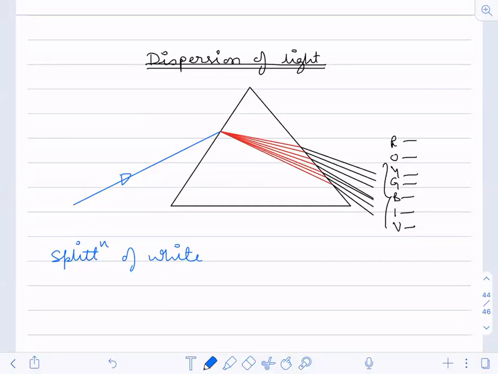It will retain its color after passing through the prism, because the frequency of the light is not changing, and the color we perceive is due to the frequency of the light. So splitting of white light after it passes through prism is dispersion.